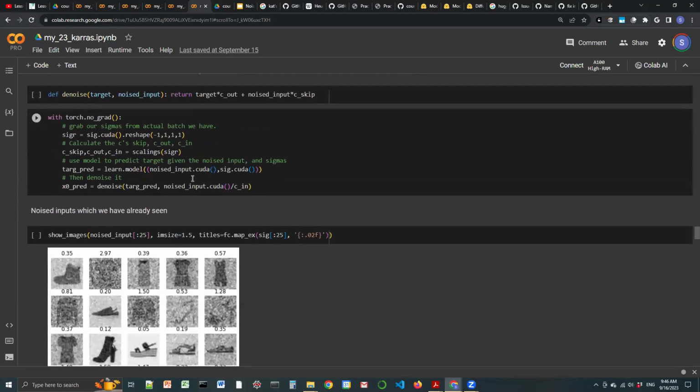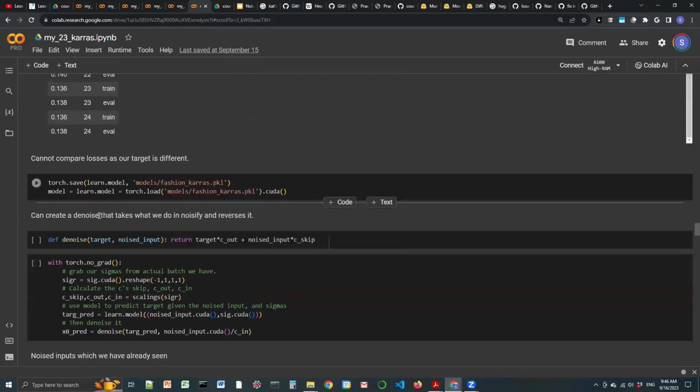Then we can create denoise, which is similar to our inversion of the noisify. That is simply denoising the target and the noise input.